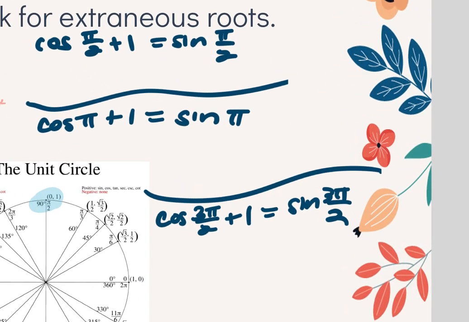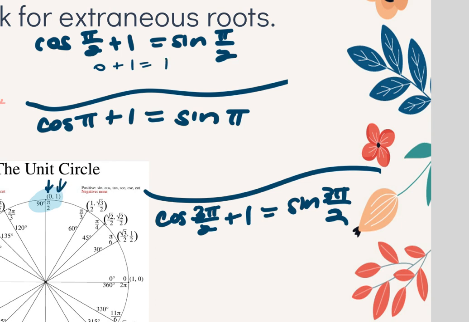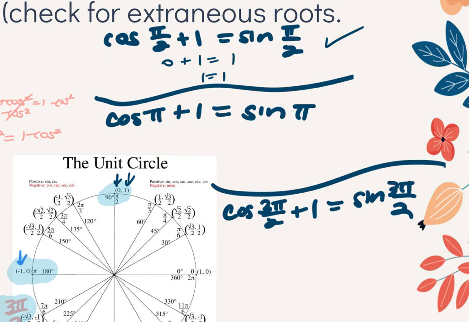So still using my unit circle, what's the cosine at pi over 2? 0, right? Because it's the x value at pi over 2. Plus 1 equals, what's the sine at pi over 2? 1, because it's the y. So this one works. Then I go to the next one. Cosine at pi, so the x at pi is negative 1, plus 1, equals the sine at pi, which is 0.